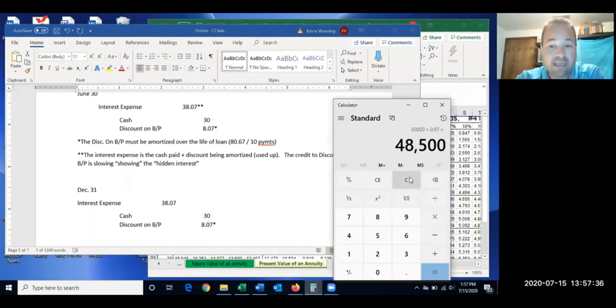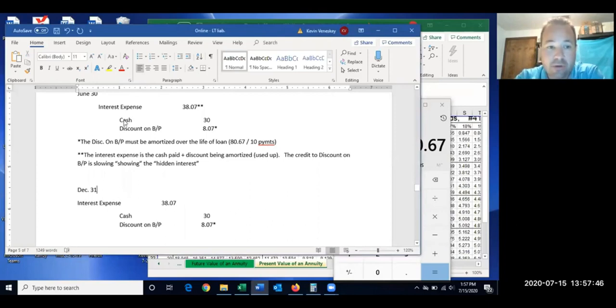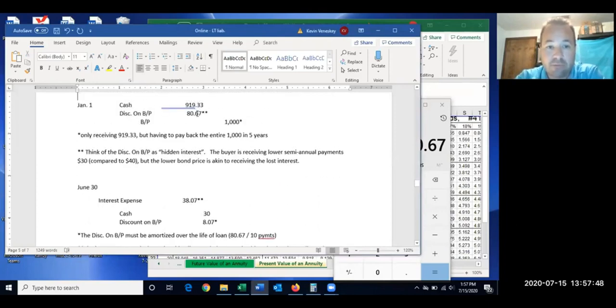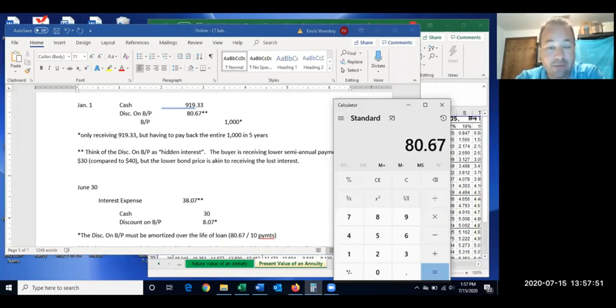Because if you were looking at a T account, I had $80.67 as a debit in that initial T account up here. Remember, it's an $80.67 debit. Well, and when I get rid of $8.07 as a credit, now this is what my balance would be after the first payment. After 2 payments, my balance is continually coming down. And by the time I hit that 10th payment, I'm going to have 0 left.